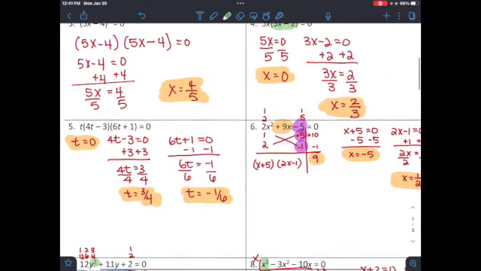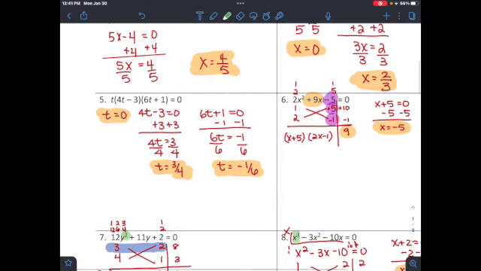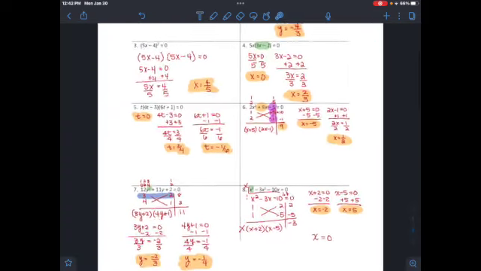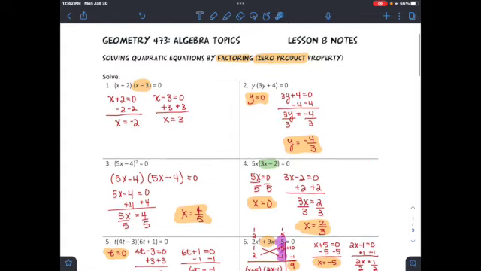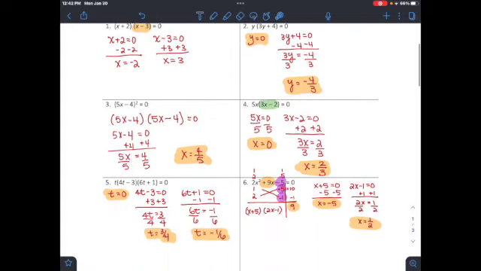And if you look right here, that's really t times t times t for number 5. Since there's t to the third power, I have 3 answers. So that's maybe a little hint that will be helpful for you guys to figure out how many answers you're going to have.